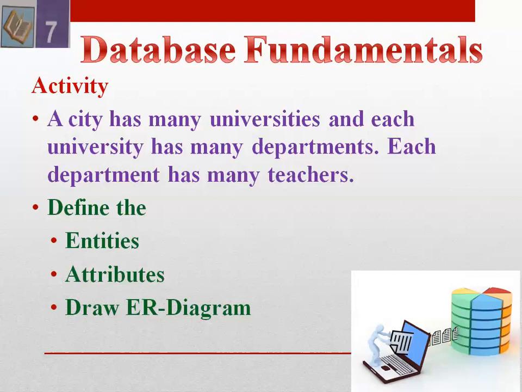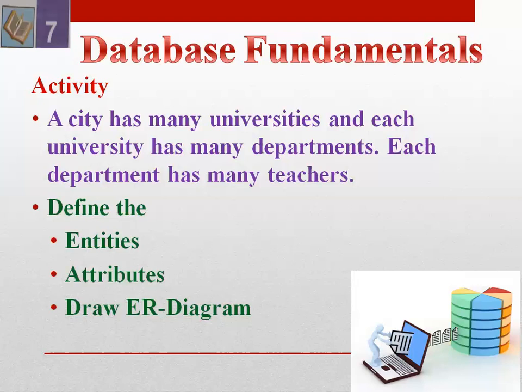After finding the entities, you have to define the attributes for these entities. In the previous lectures we have discussed the attributes. So you have to mention the ID, then the name, like the university uni ID, name of the university, branch, city.